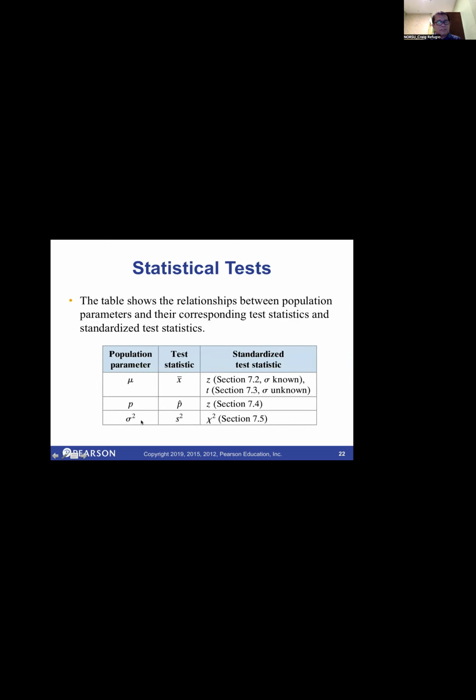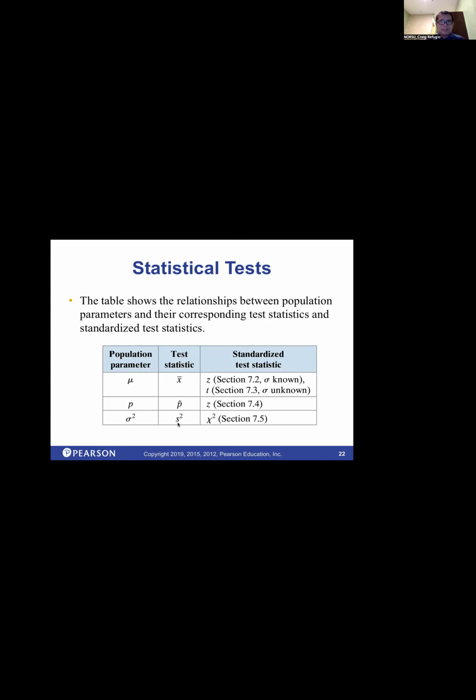Earlier, in the previous slide, I mentioned the Greek letter sigma. Sigma alone would refer to the population standard deviation. I repeat, sigma alone would refer to the population standard deviation. And then s square, or small letter s raised to the second, is the sample variance.